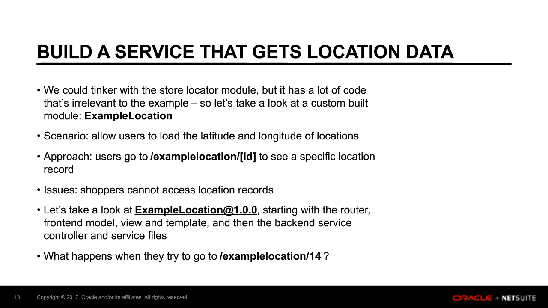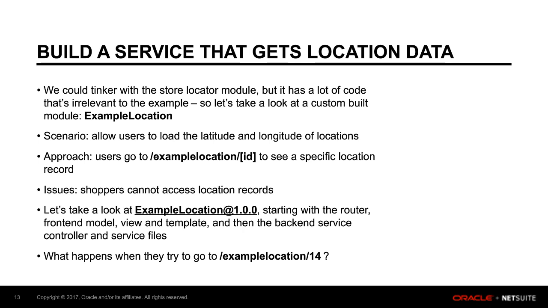So you can see that we're going to go with example location /14 or 15 or 20. The issue, of course, is that we don't let shoppers access location records. So what we're going to have to do, as part of building up this module, is give them elevated permissions.